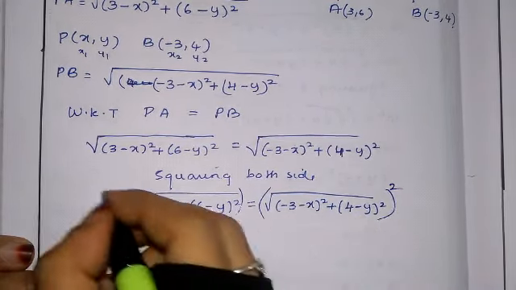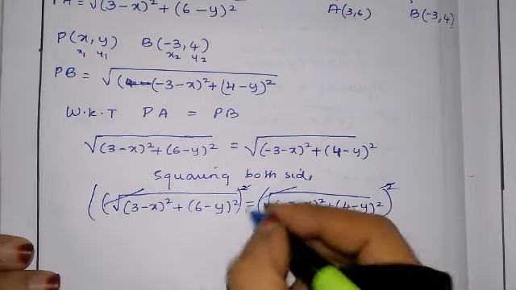So when we do squaring both sides, both roots will get cancelled. Squaring both sides, we will square this. This side also complete square. Square and root get cancelled because we have done squaring.